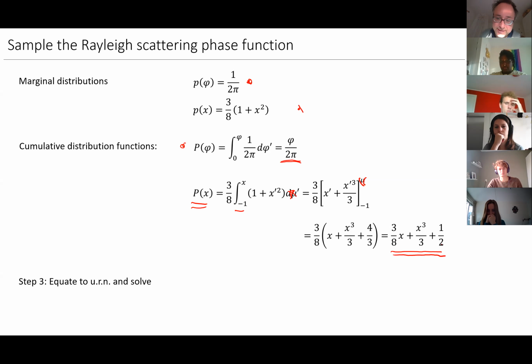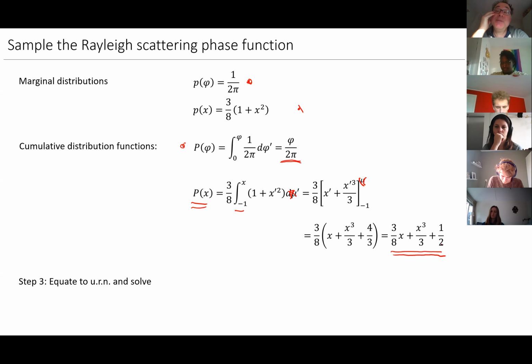And for x, yeah, that one is a lot more messy. That's terrible, huh?